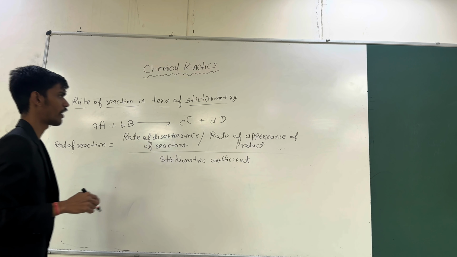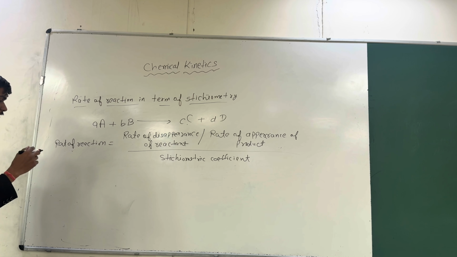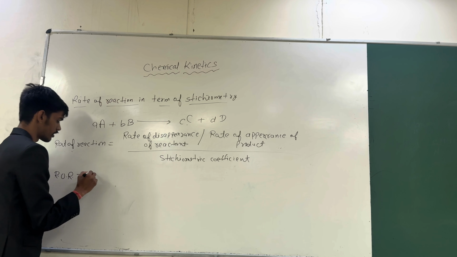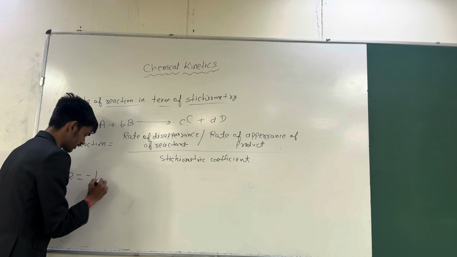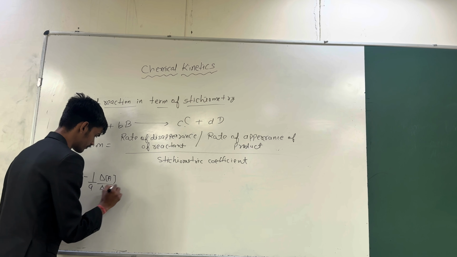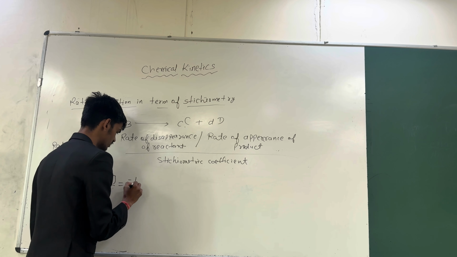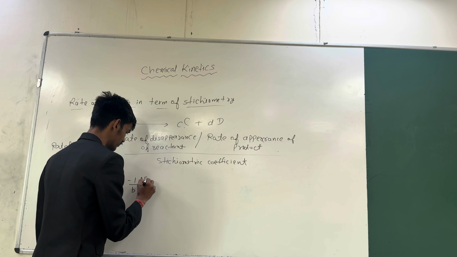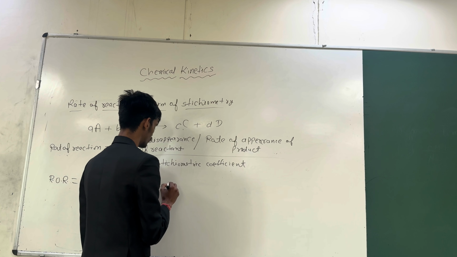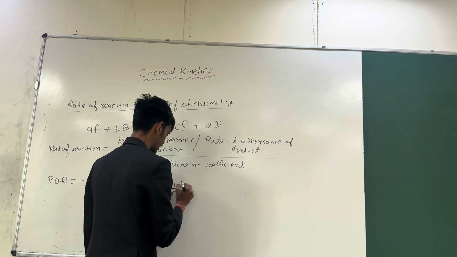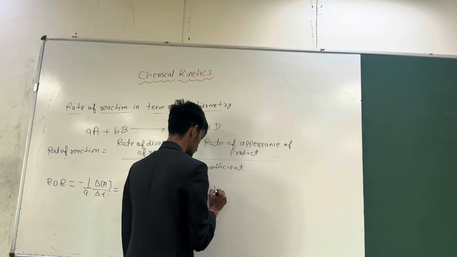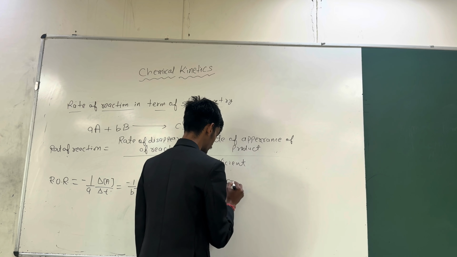For this reaction, the rate of reaction will be minus 1 upon a, delta A by delta t, equals minus 1 upon b, delta B by delta t, equals plus 1 upon c, delta C by delta t, equals plus 1 upon d, delta D by delta t.